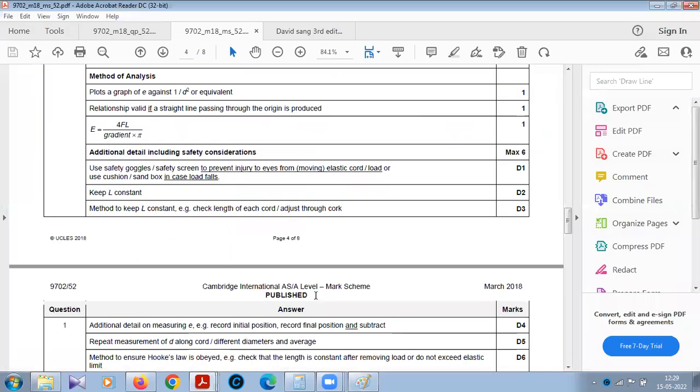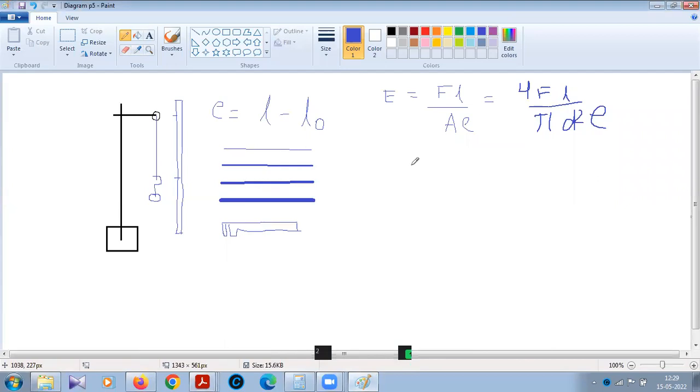So we can make e the subject, taking e on the left hand side, and this capital E, that is the Young modulus, will come here.